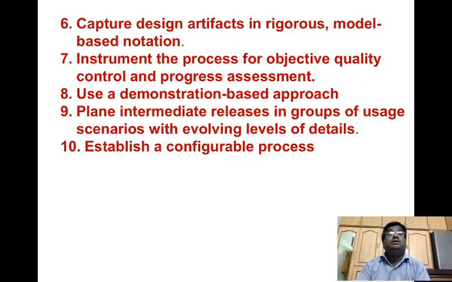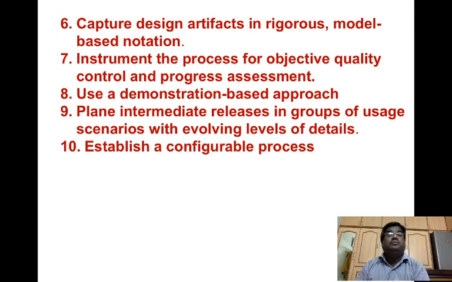Okay. Then the rest of the 5 principles: capture design artifacts in a rigorous model, and instrument the process for objective quality control and progress assessment. Eighth, use a demonstration based approach. Once the project is built, it is easy for the users to understand, so for that, some demonstration, alpha model, or beta model versions are released.